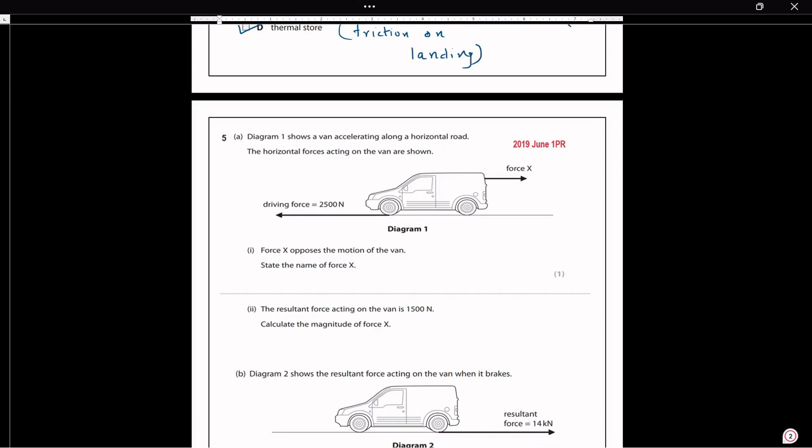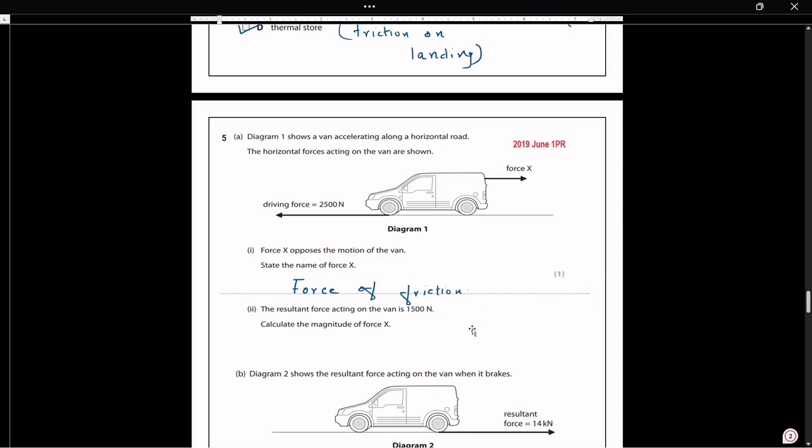It's very obvious that the force opposing the direction of motion is the friction force. So the name of force X is force of friction.